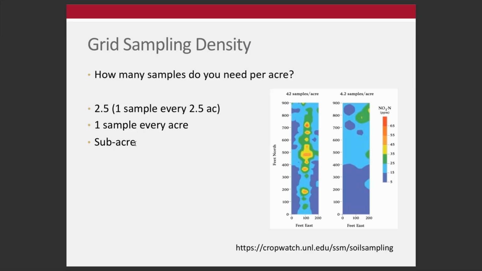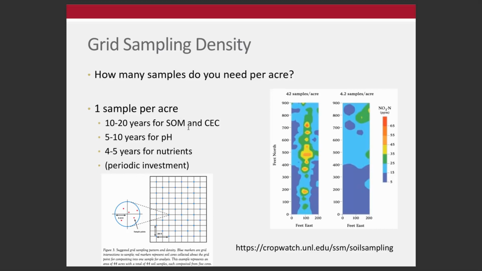So it really depends on the operation and whatnot, but this can give you a lot of very good information. But of course, you can see how this can add up quite quickly if you're doing one sample every 2.5 acres, or even higher density than that.